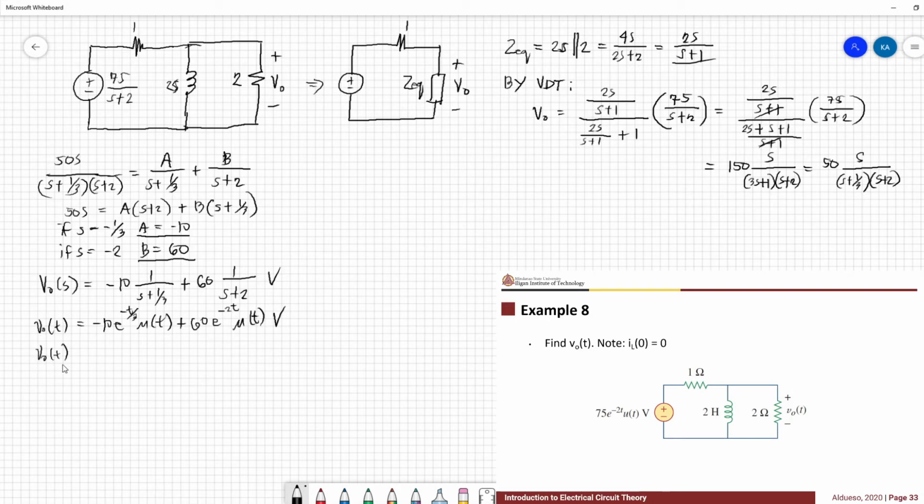Or we can rewrite this as 60 e to the negative 2t minus 10 e to the negative t over 3, u of t volts. We have our final answer.